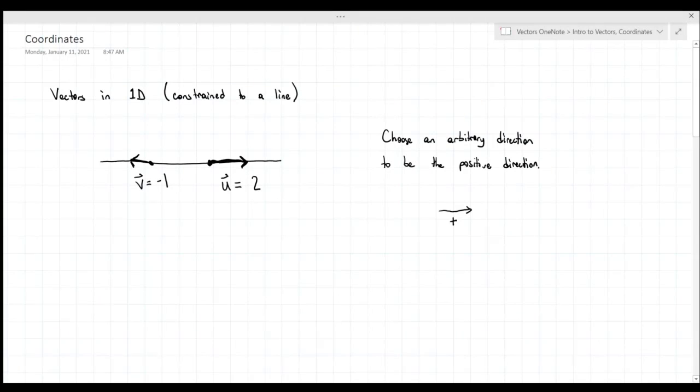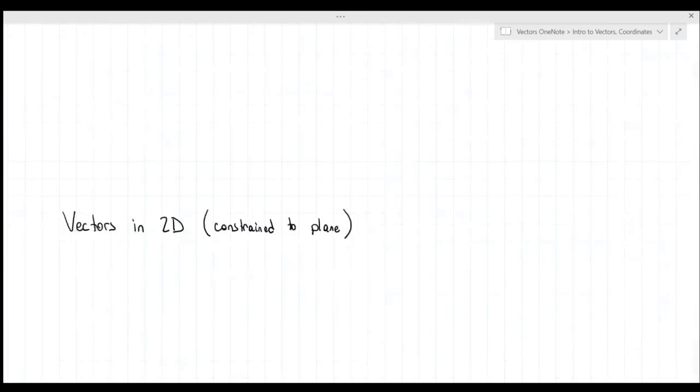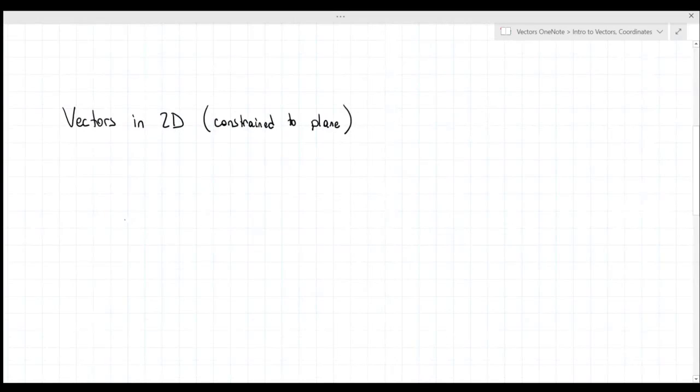All right. Any questions about that? Does the indicator arrow on top of the letter ever flip direction? Yeah. No, typically we don't do that. So for instance, when I get to vectors in 2 dimensions, which is the next thing I'll talk about, there's a lot more directions your vectors could point in.